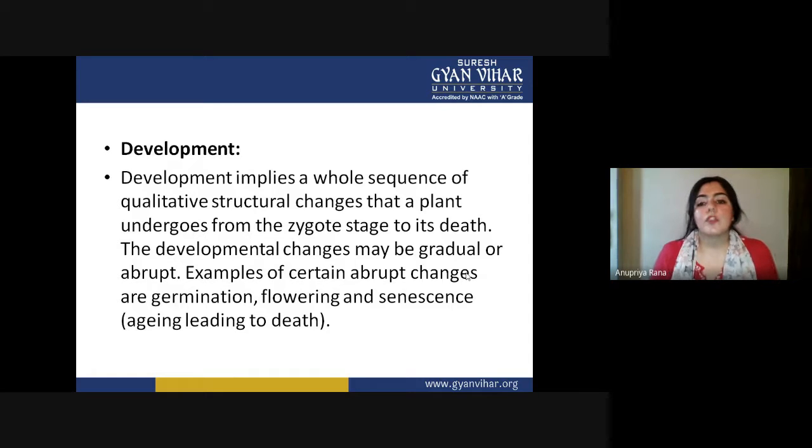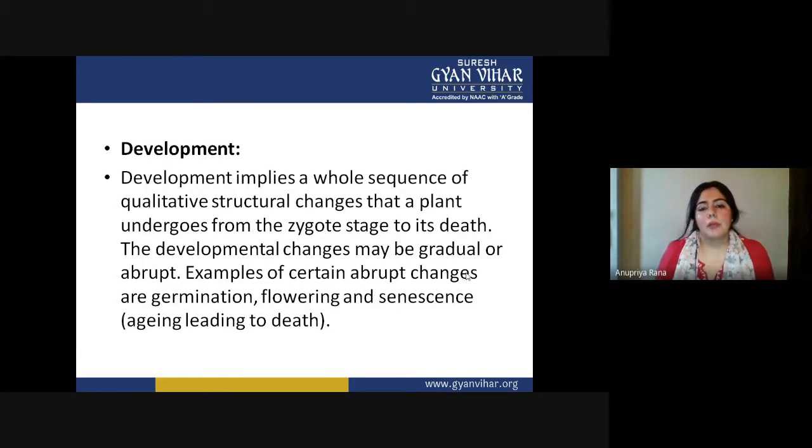The developmental changes may be gradual or abrupt. Examples of abrupt changes are germination, flowering, and senescence, meaning aging to death. These bring different changes into the life of a plant, from germination to flowering to senescence.